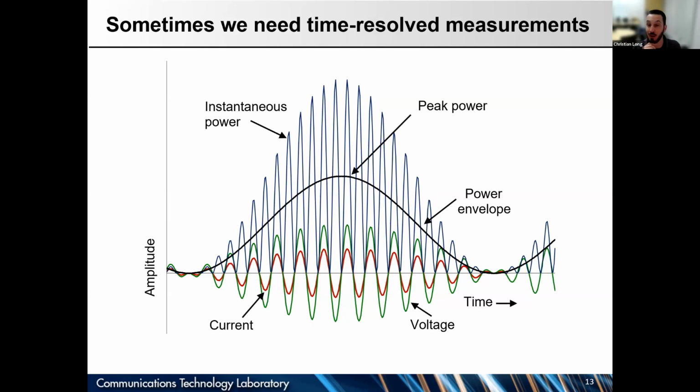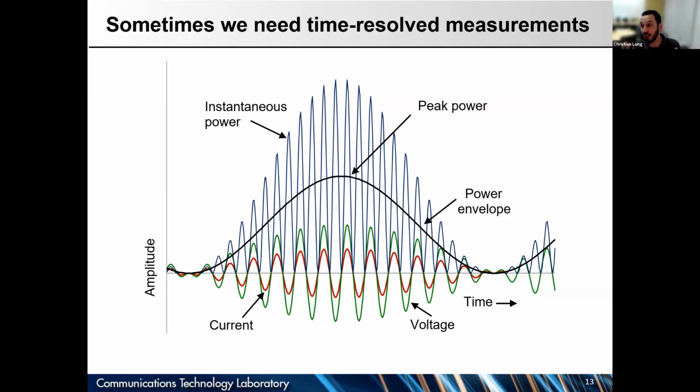So you might want to know something like the peak power for an intermittent pulse that's going out. Or if you're designing an amplifier, you might want to know what the highest peak power is compared to the average power, so that you can trade off the energy efficiency and the linearity of the amplifier and design an ideal amplifier that carries the signal that you want to transmit.